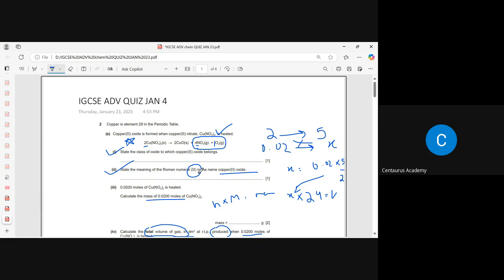Generally, the valency comes out to be the same as the oxidation state. It is going to be the amount of electrons one particular element has lost or gained.